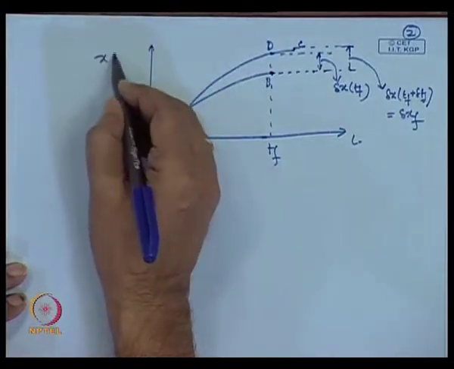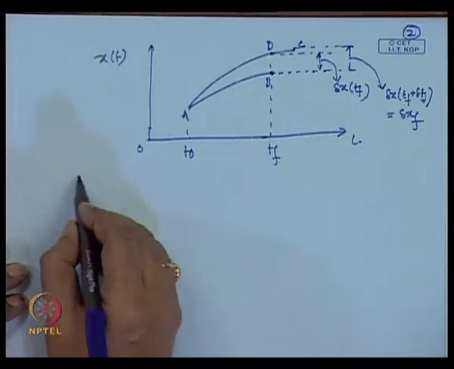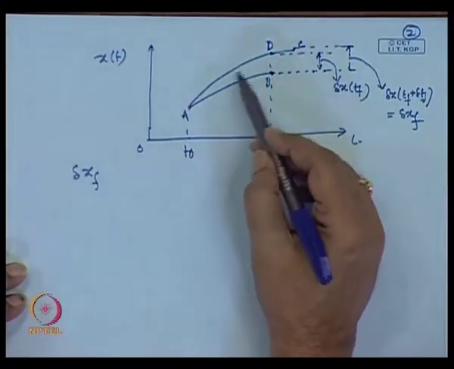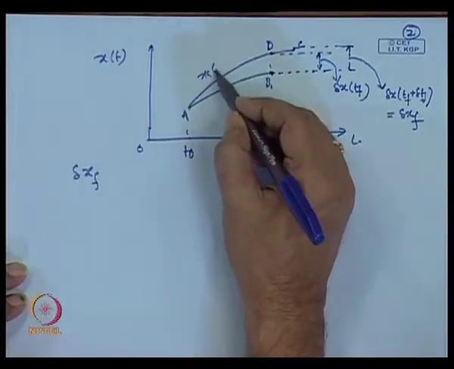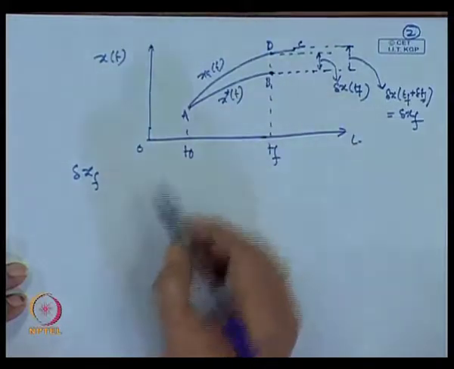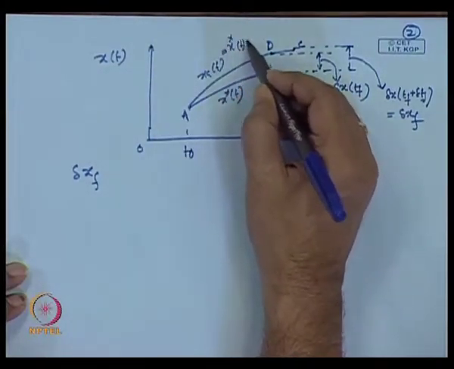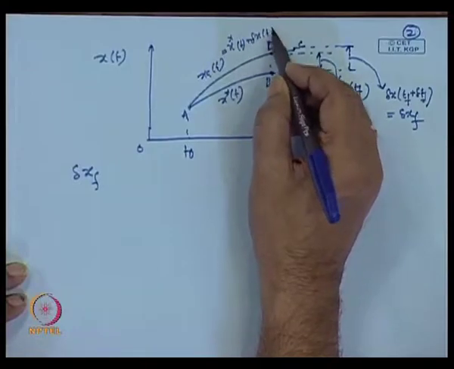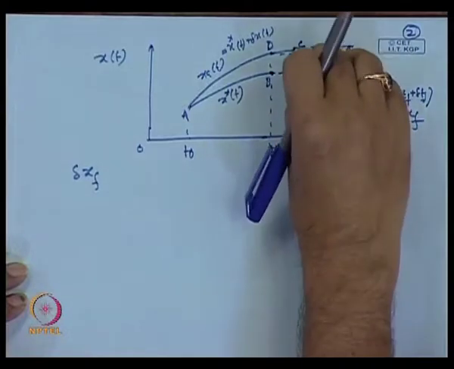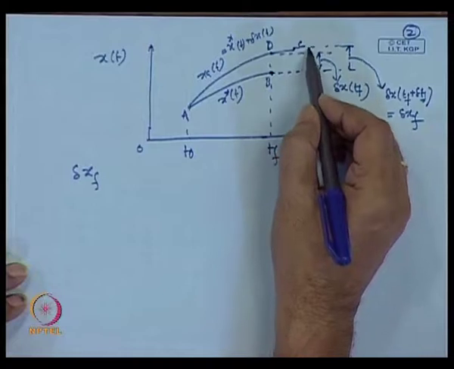So this is x of t 0. Now see how we can write it. Delta x f means the value of the function along x of t near the trajectory x star, where x of t is equal to x star of t plus delta x of t. So this is this length plus this length.